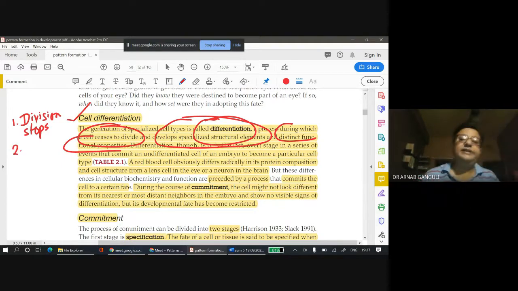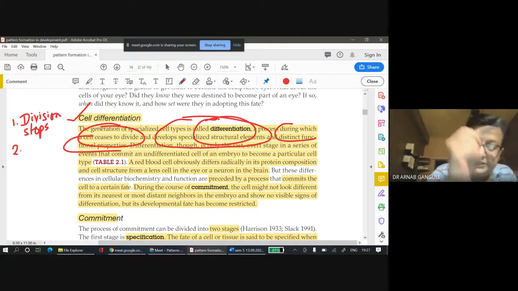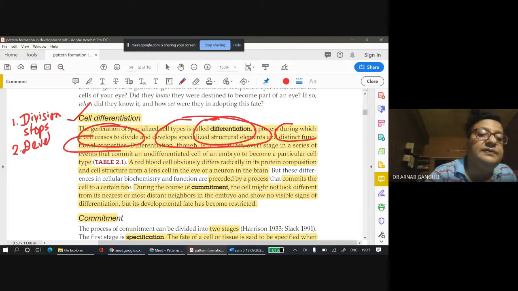The second is that it develops specialized structural elements.